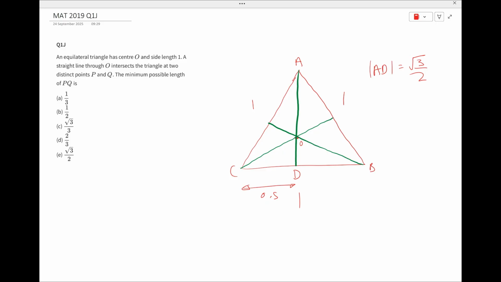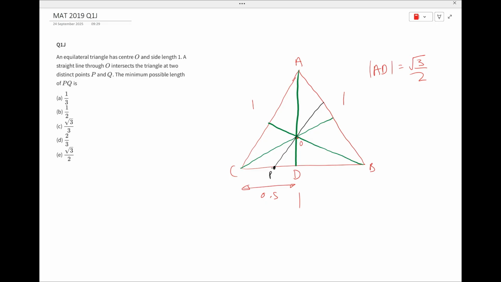So the next thing we're really asking ourselves is, what does this line look like? Well, this line is going to look something like this. Because of the symmetry of this triangle, if we imagine this point being our variable, we'll call it point P, this point can move between D and C. It doesn't matter whether it moves between D and B, because that would just be a symmetry around AD.